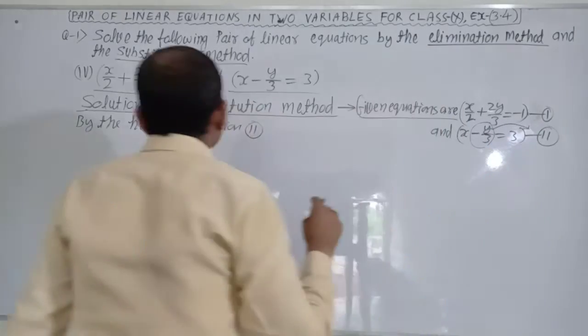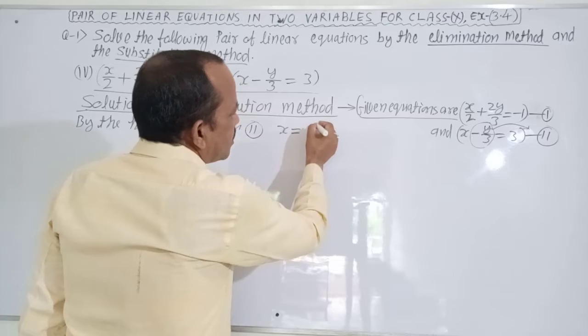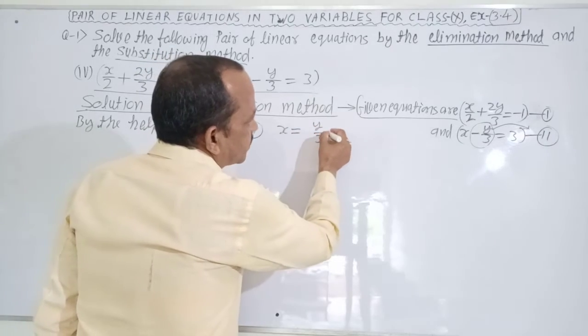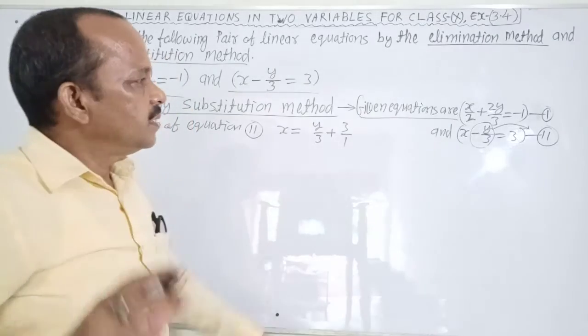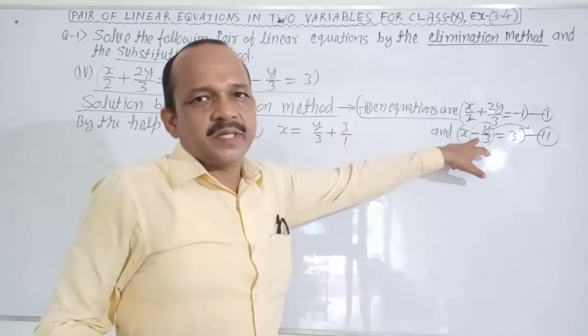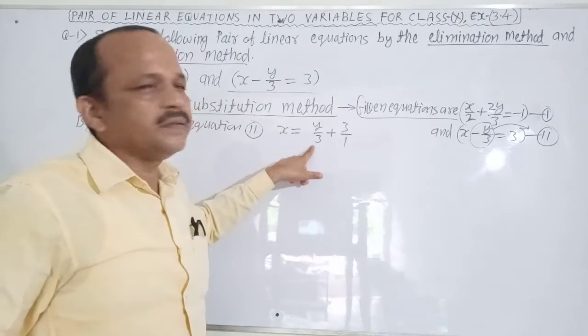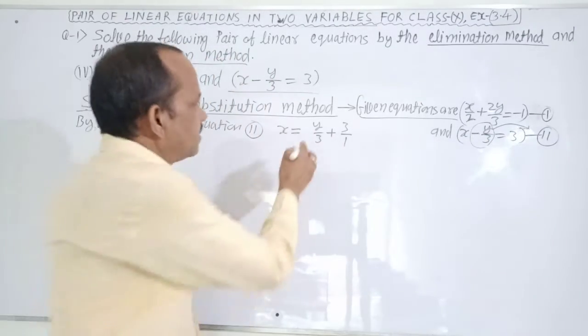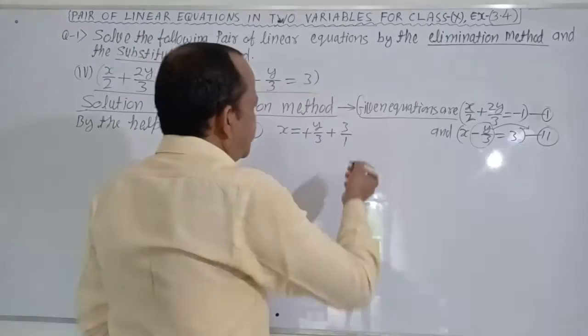Here it becomes x equal to y by 3 plus 3 by 1. Here minus y by 3, when you write it on the right side of equal, then it becomes plus y by 3. Here plus sign.